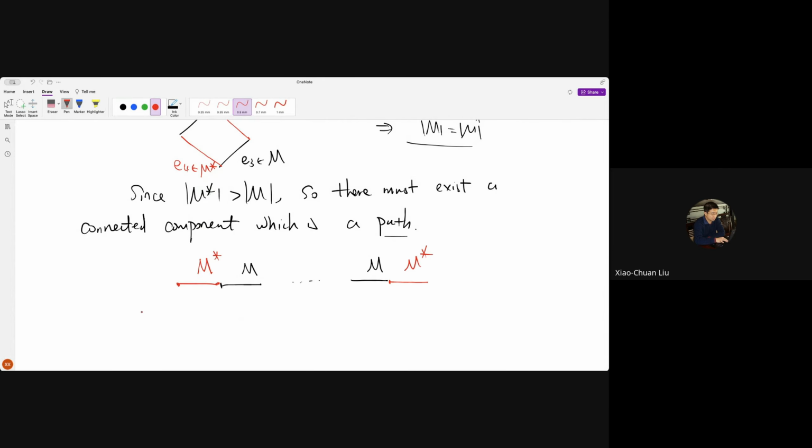But if you look at this, this is exactly an M alternating augmenting path. Okay, so this is what we are trying to show.